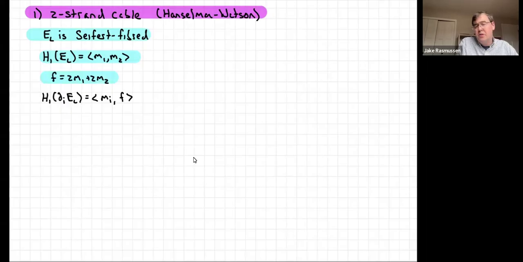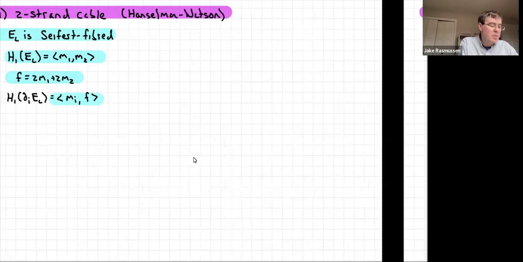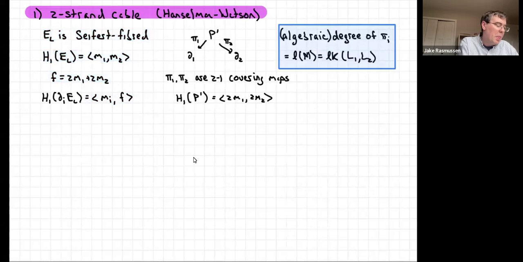If I were to look at the homology of either boundary component, I'd find that it was generated by the fiber and the corresponding meridian. That's just a little easy algebraic topology that figures in this calculation in ways that I won't completely explain.